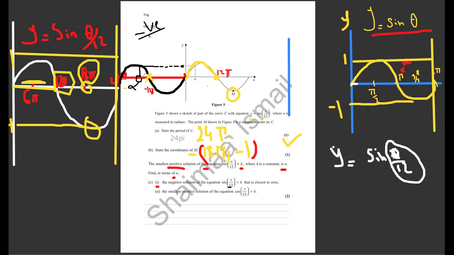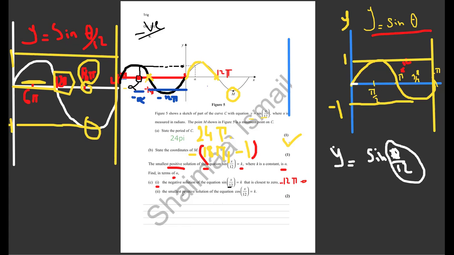So the smallest solution for this point will be minus alpha, or minus 12 pi, which is this way. Then this way is minus 12 pi, and here it will be minus 12 pi minus alpha. So here the solution will be minus 12 pi minus alpha. And we did it.